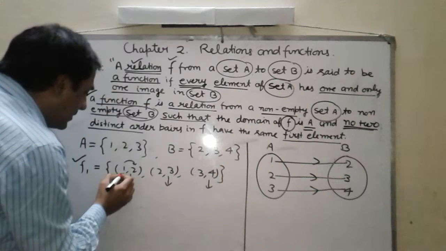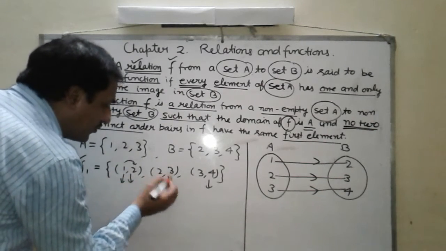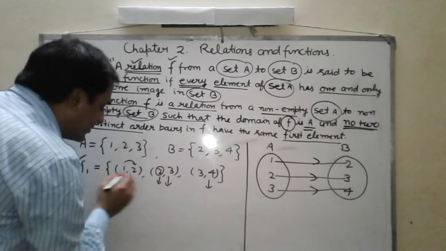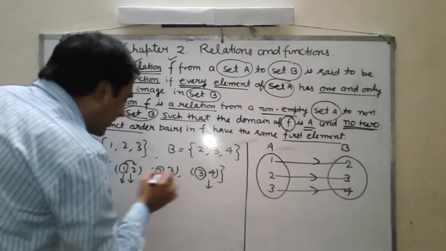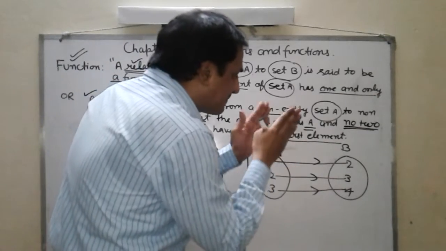Here the ordered pairs are (1, 2), (2, 3) and (3, 4). The first element of each ordered pair is different. So we can say that this is an example of a function.